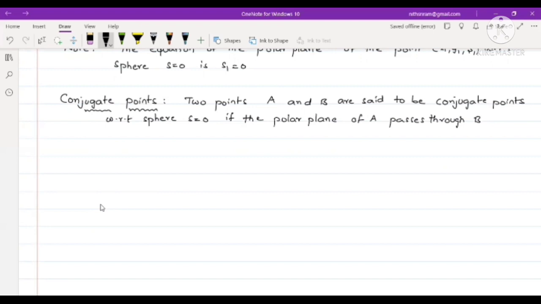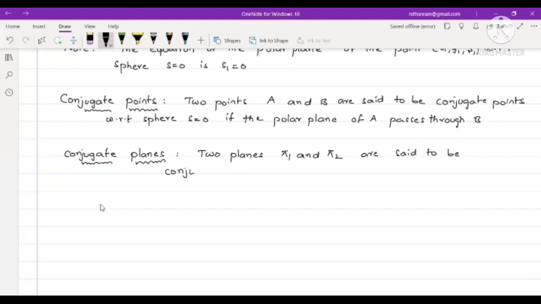Okay, so coming to the next definition, that is conjugate planes. Two planes phi 1 and phi 2 are said to be conjugate planes with respect to the sphere S is equal to 0 if the pole of phi 1 lies on phi 2.